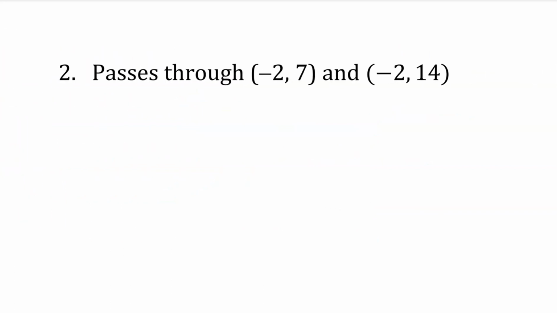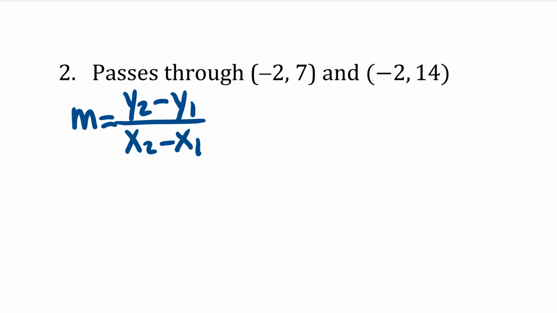Number 2 passes through -2, 7 and -2, 14. Some of you might know what the slope is already. If you do, that's great. If not, you do need to use your slope formula, m equals y2 minus y1 over x2 minus x1.